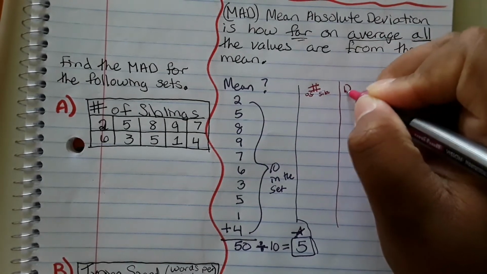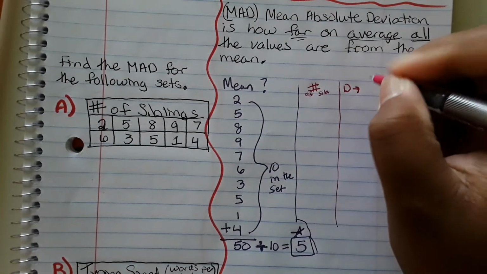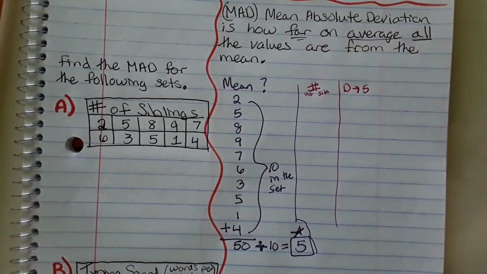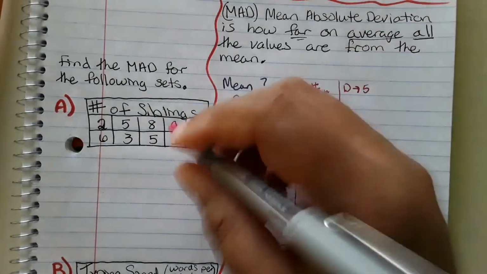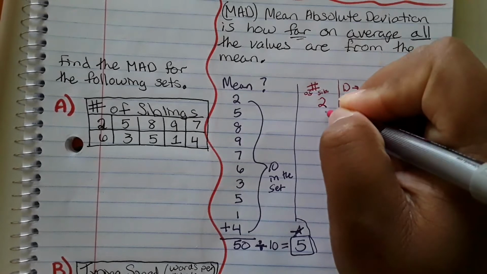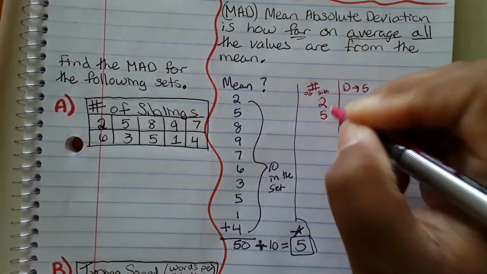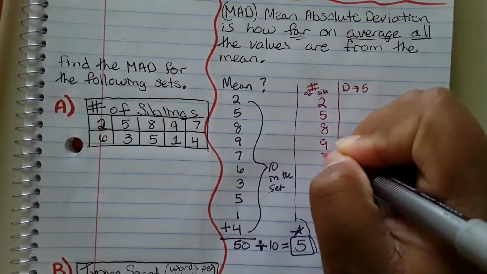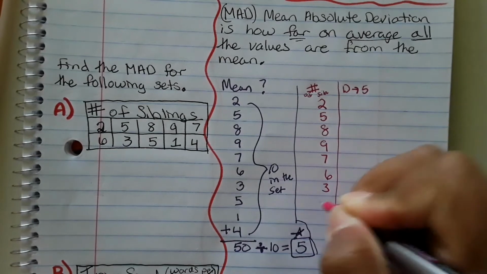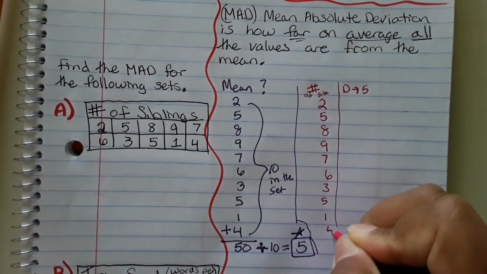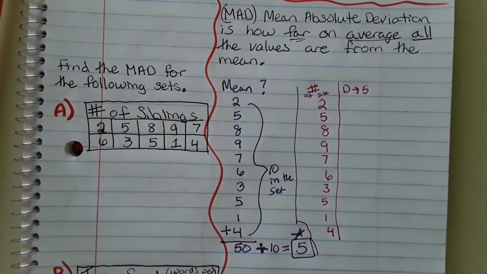I'm just going to put a D for distance away from 5. That's what we're looking for. So let me copy down my numbers. I had 2, then 5, 8, 9, 7, 6, 3, 5, 1, and 4. Those are the numbers in my set.